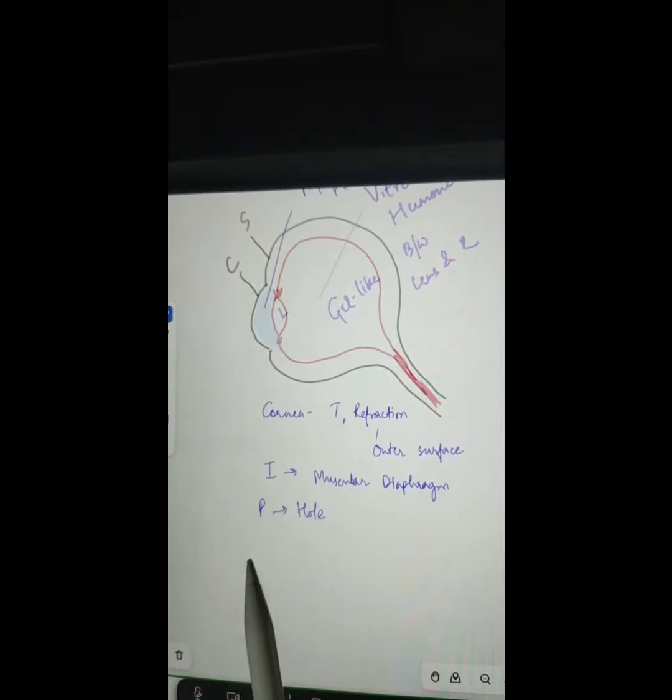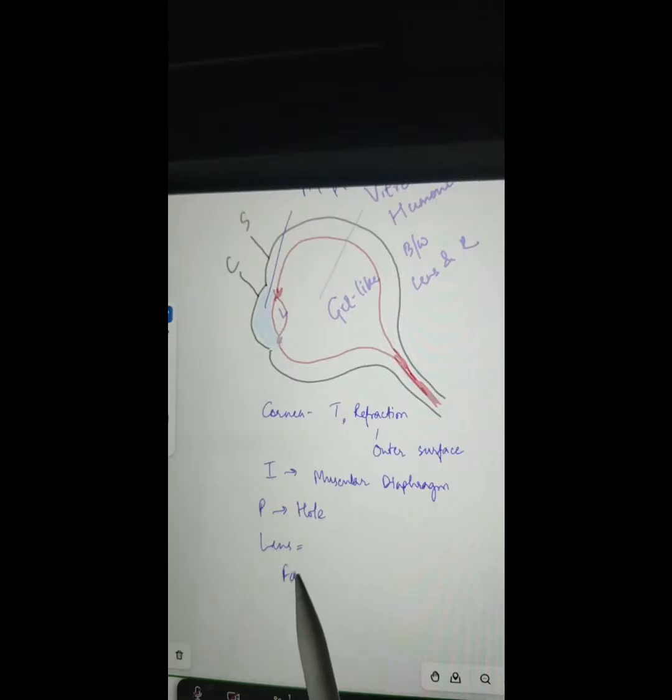Lens, as we have talked about, is a crystalline structure, and it generally helps in forming the real and inverted image as the lens is convex in nature. Retina is composed of rods and cones, and these are the photoreceptor regions. Ciliary muscles will help in regulating the size of the lens.